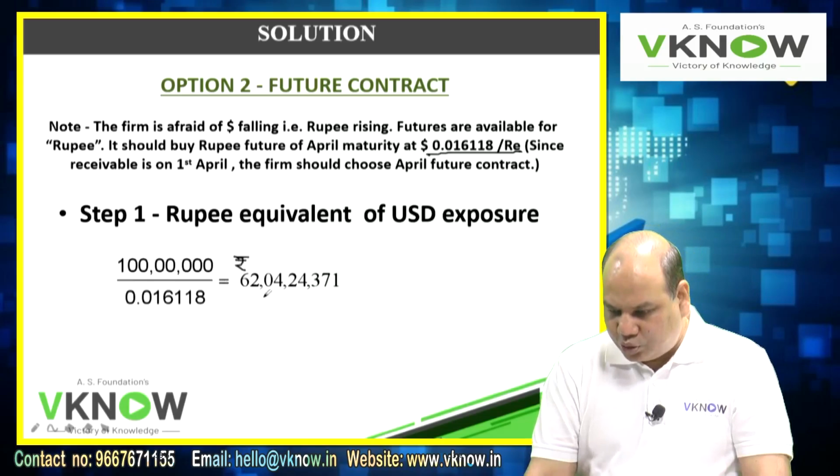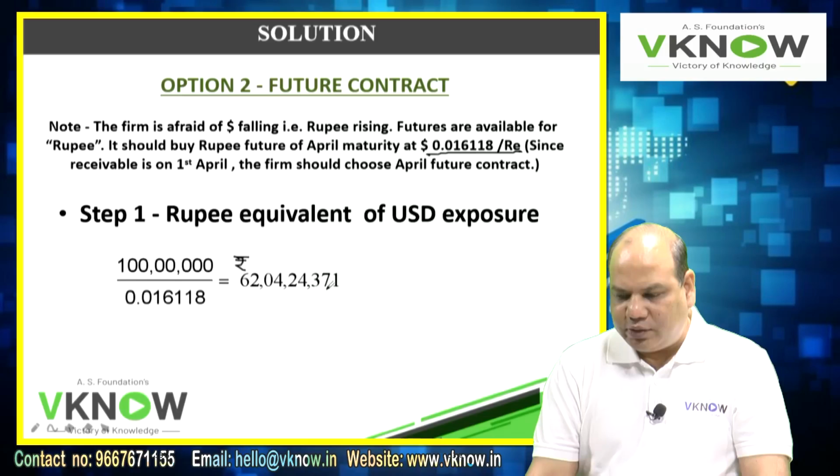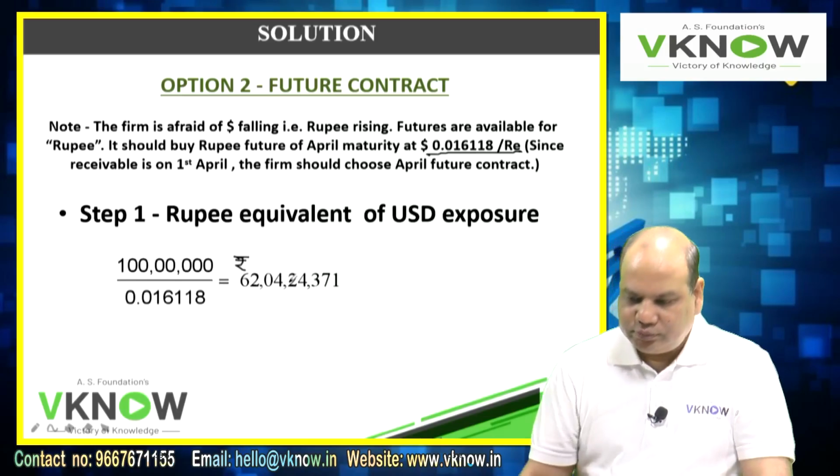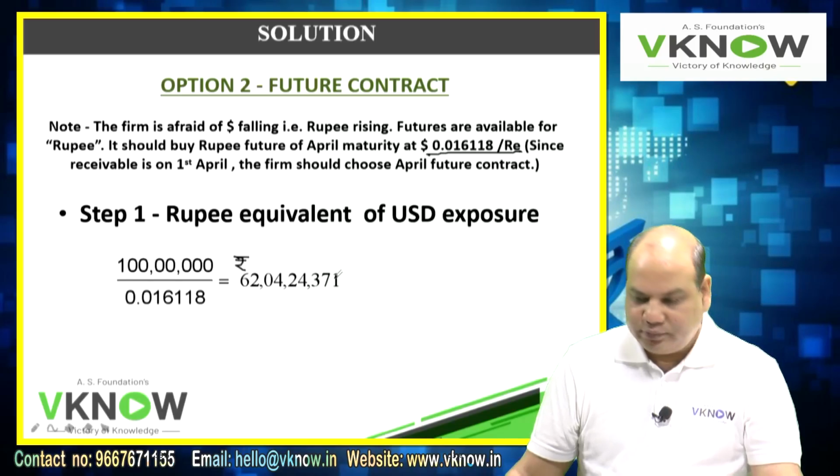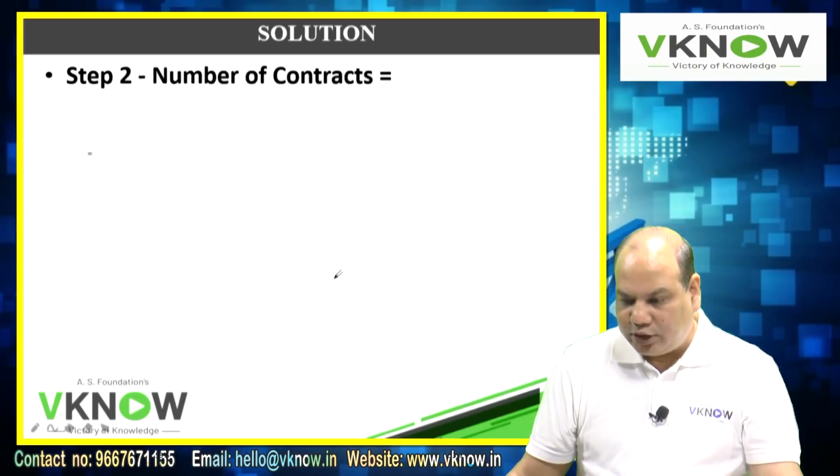This is 62 crore 4 lakh 24,371 rupees. These many rupees we have to hedge, and one lot size is given to you. Contract size 2 crore 48 lakh 16,975. So that will help us to get the number of contracts.